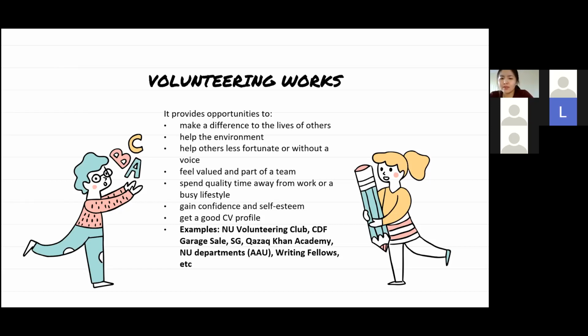They constantly send volunteering events where you can take part, and also you can take part in Development Foundation, for example, garage sale. They organize different volunteering works, like a warm winter, this garage sale, which is really great. Also, student government: you are helping other students of NU with similar issues.